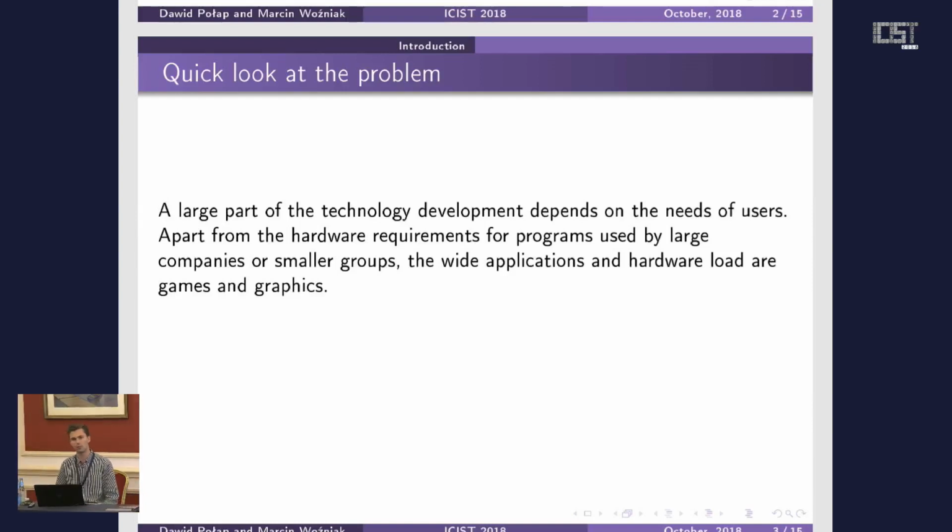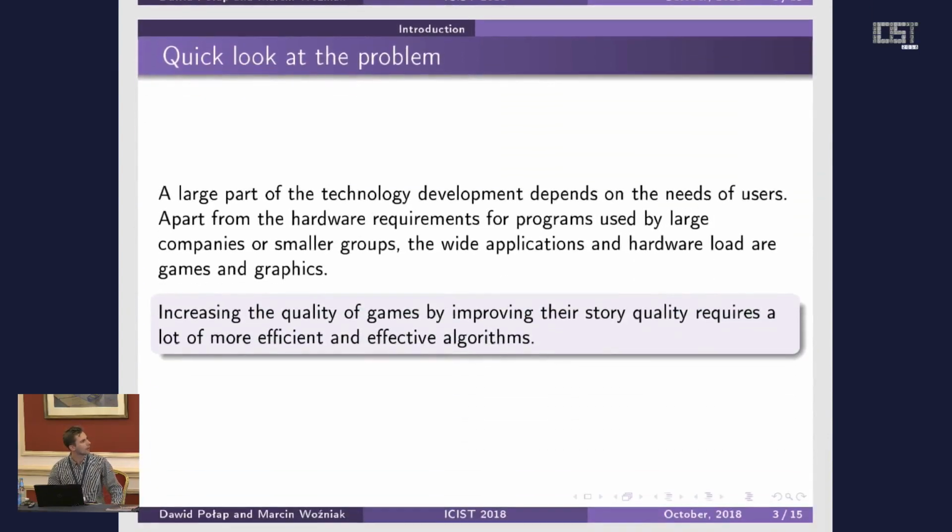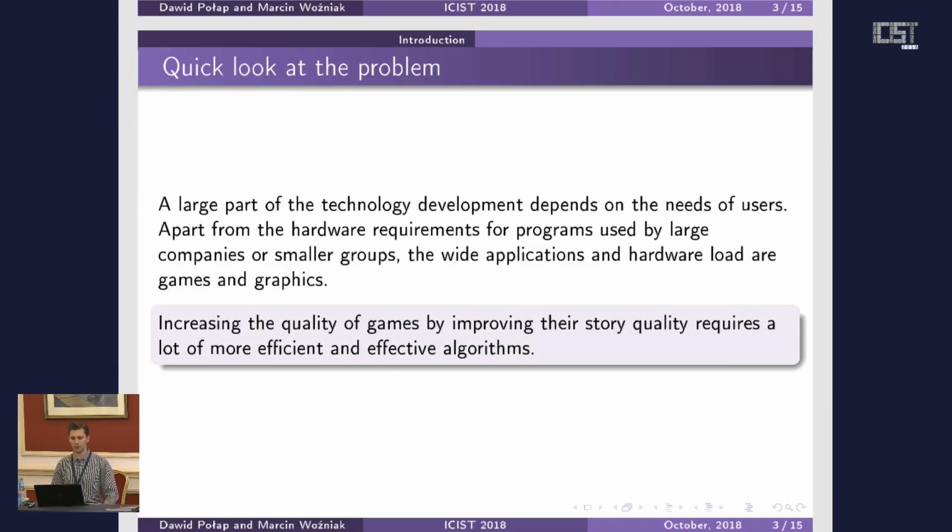It could have some more plots, and the graphics could be better. There are some drawbacks here, and this drives the market. That's why we need to create more efficient algorithms to increase the playability of games.